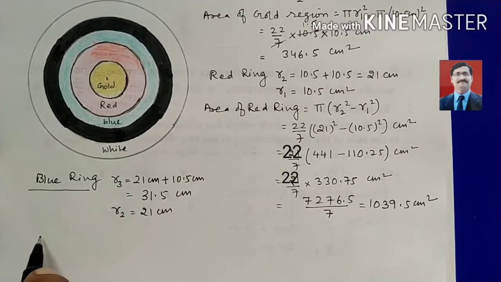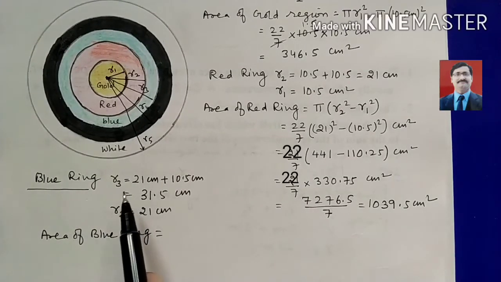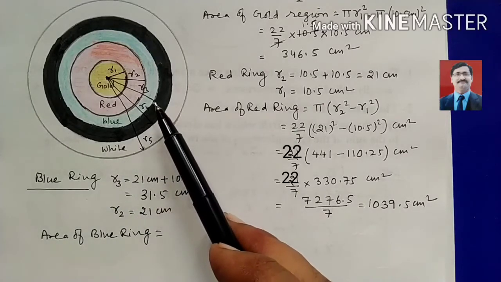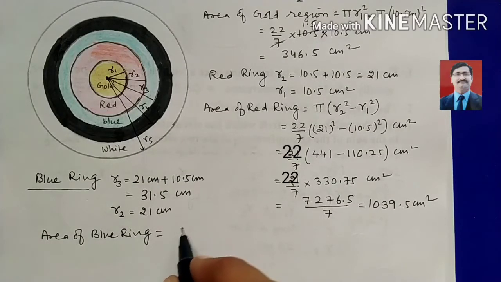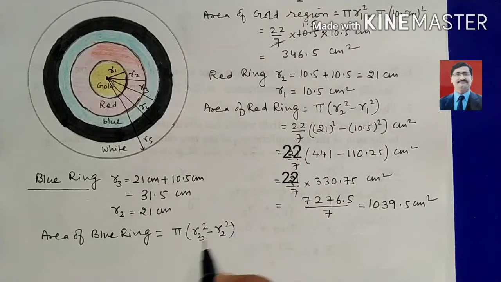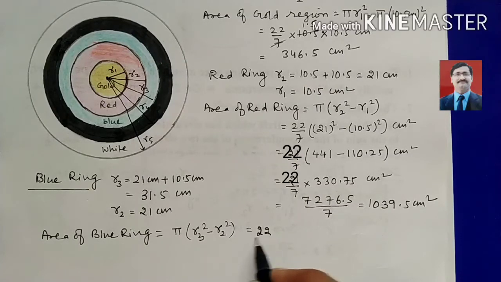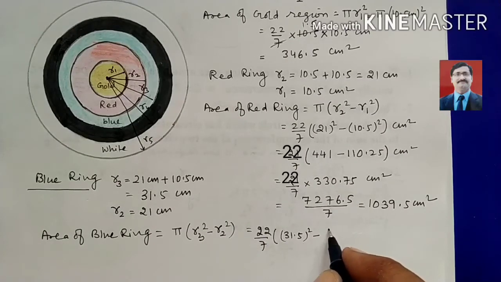So we can write the area of the blue ring is pi times R3 square minus R2 square, and this is equal to pi is 22 by 7, R3 is 31.5 whole square minus R2 which is 21 whole square, and centimeter we write as common.